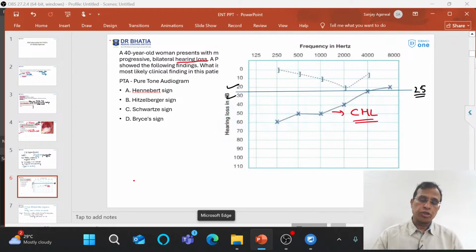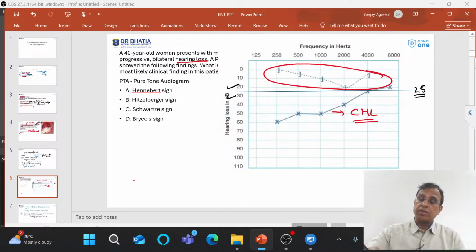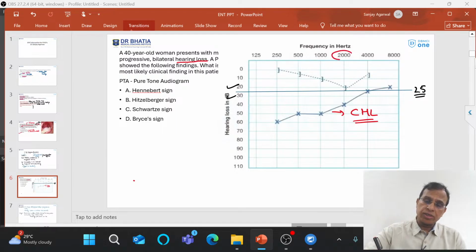So one thing is sure, this patient is having conductive hearing loss, which is what Ranjan Sahani has said. The second important finding is that in the normal graph, the graph which is above the 25 mark, there is a very interesting finding. At 2000 Hertz, there is a sudden dip. Suddenly it goes down. And this sudden dip at 2000, as many of you are saying, is called Carhart's notch.